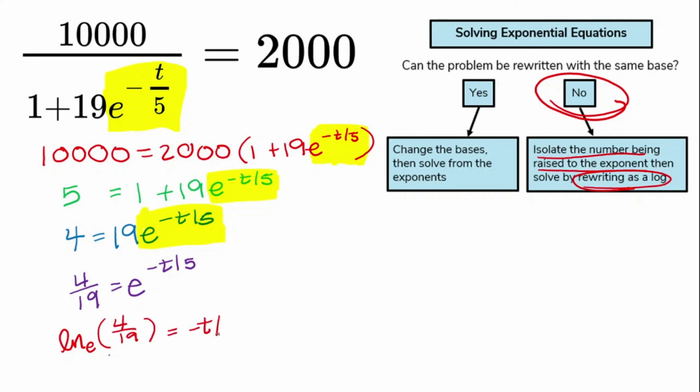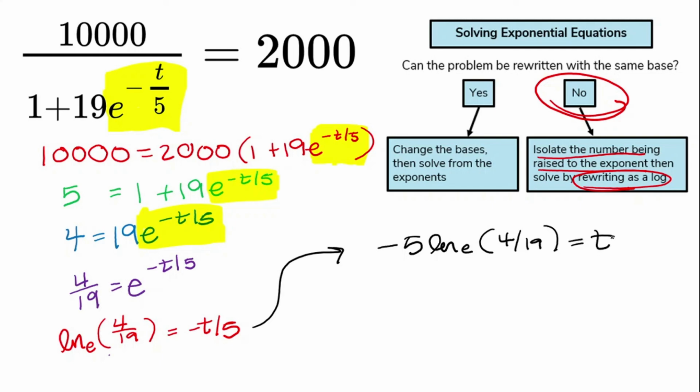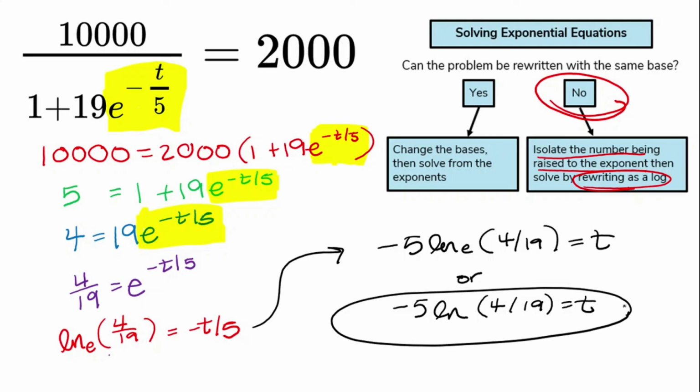Remember, logs are always equal to their exponent. And then to finish solving this, we just need to multiply both sides by -5, which will make this -5 times natural log of 4 over 19. And I'm just showing you the 2 ways you can write this answer. You could write it with the E in there for the base, or you could leave the E out.